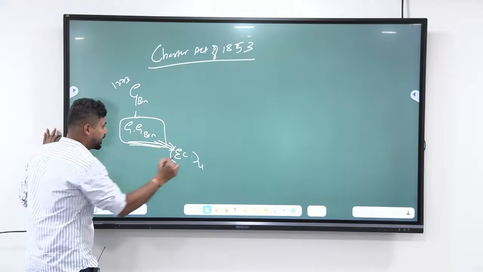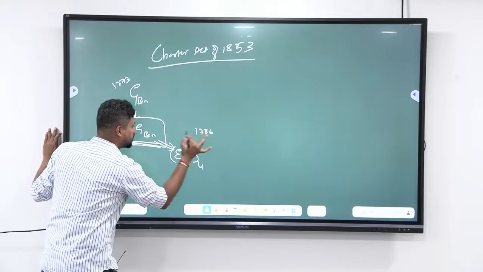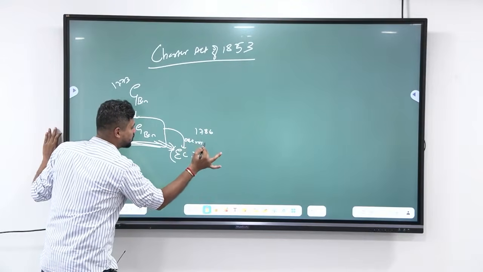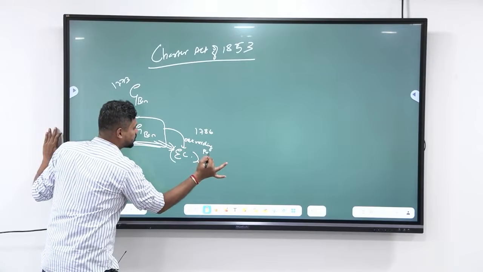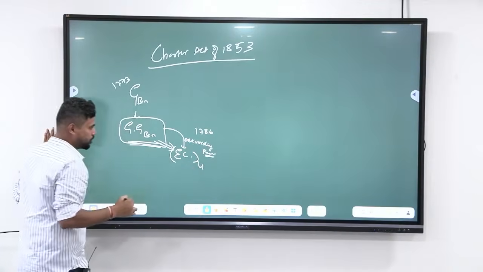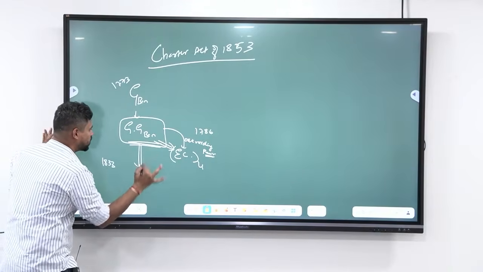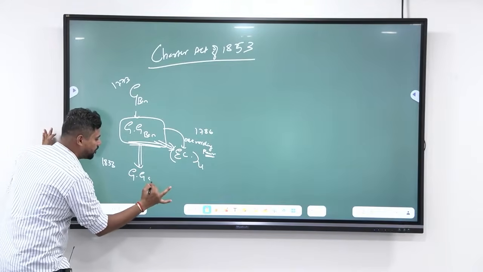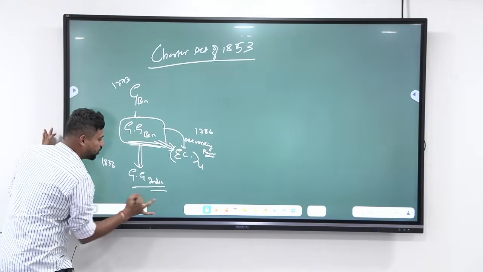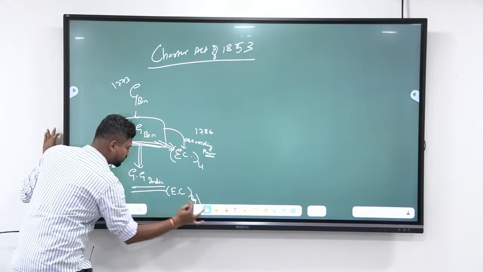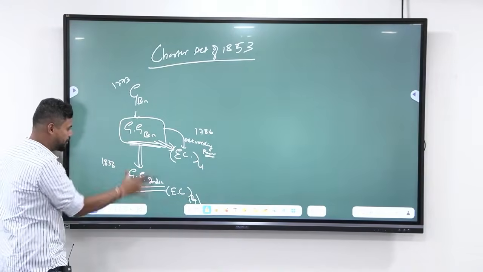And also you learned that in 1786, the Governor General of Bengal will have some overriding powers with respect to the decisions taken by the Executive Council. And also in 1833, you understood that this Governor General of Bengal was made the Governor General of India. So you have the Governor General of India, and that Governor General also has the Executive Council of 4 members. Okay, so this is the entire evolution that you had learned.